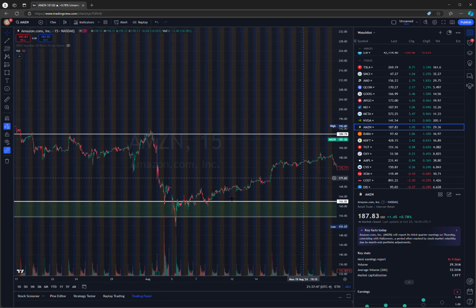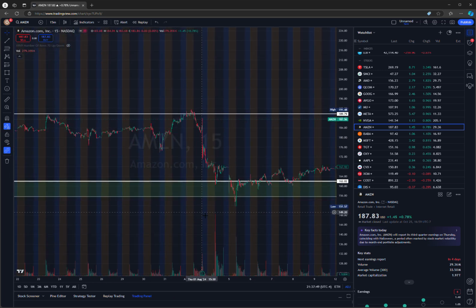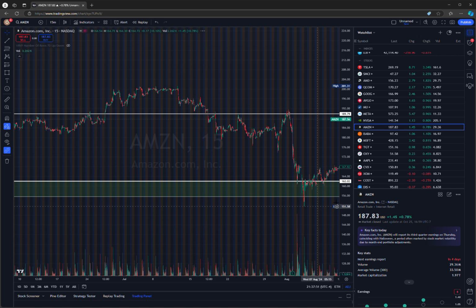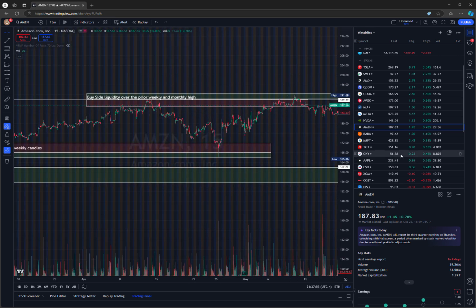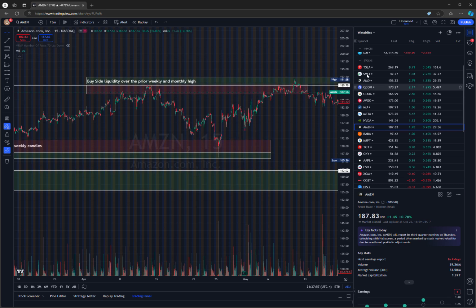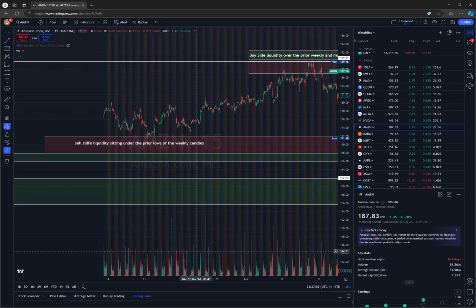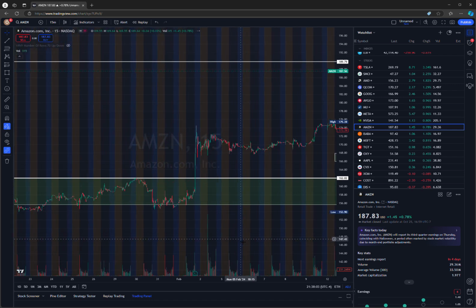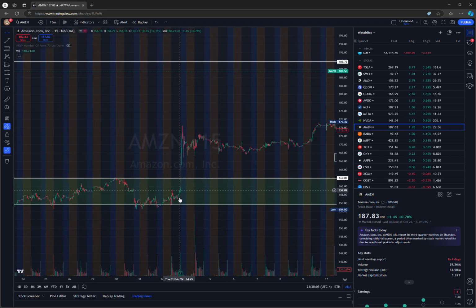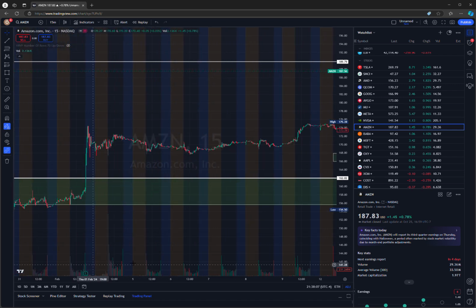So yeah, that first retest of that range, if you had the patience to wait for that. We've done a bunch of trades on Amazon in between, but look at where it retested. Here's that origin here.